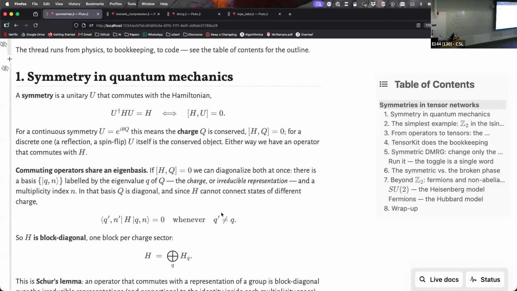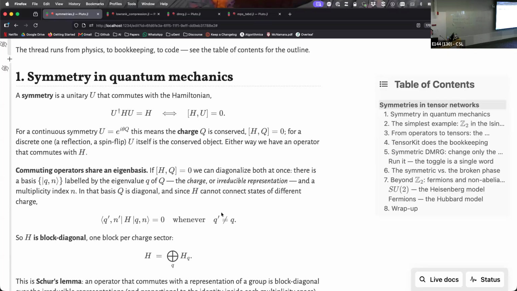And then the idea is, okay, we have things that commute, and it's very elementary linear algebra to say that if things commute, that means you can simultaneously diagonalize them, and so they share an eigenbasis. The fact that they share an eigenbasis means that if I have some symmetry operator that I have diagonalized, I can split up my entire Hilbert space into different sectors.